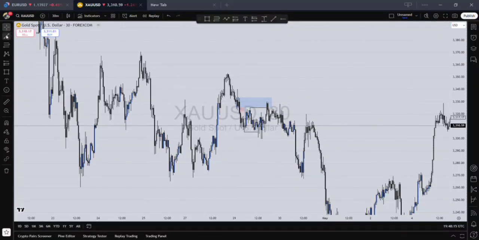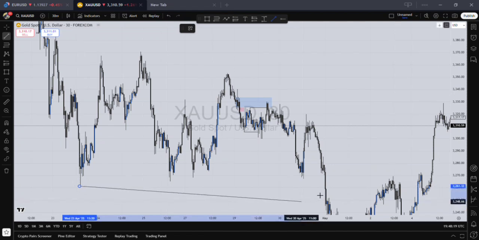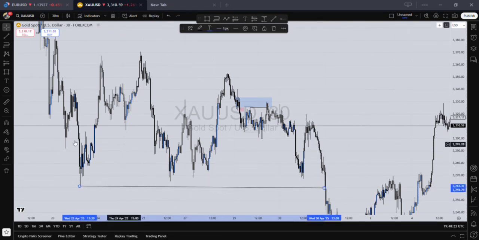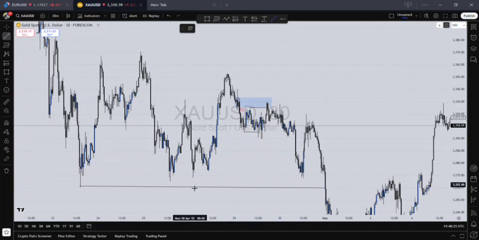So if you are taking this kind of trade, your target should not be to let price come and take out this whole low, because price is still ranging. Your first target should be the low that caused this move. So your target should be here.